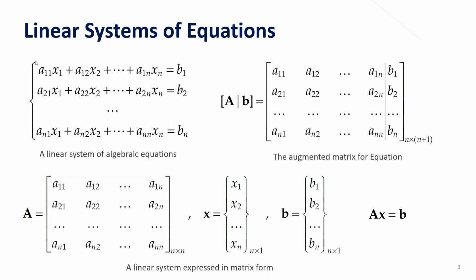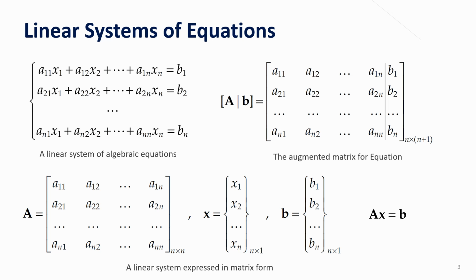For example, A11 represents the coefficient associated with the first equation and the first variable, which is x1, and then after that we have A22. A12 means that the first equation is related to the second variable, which is x2, so x1 A12.